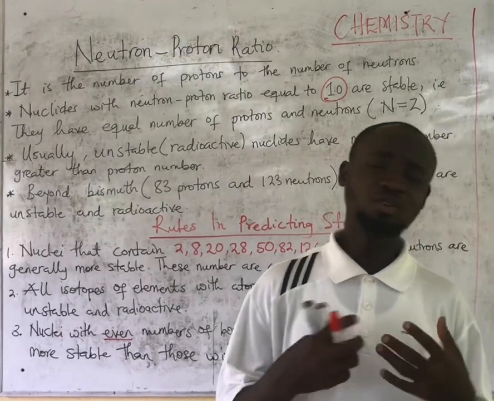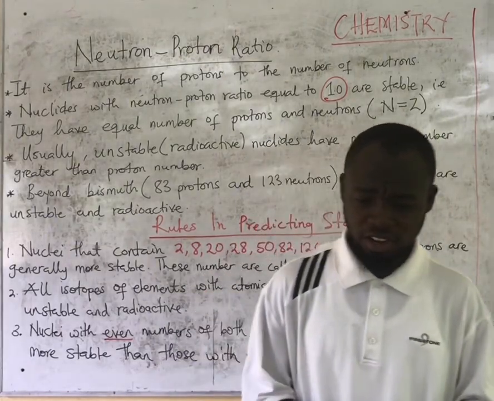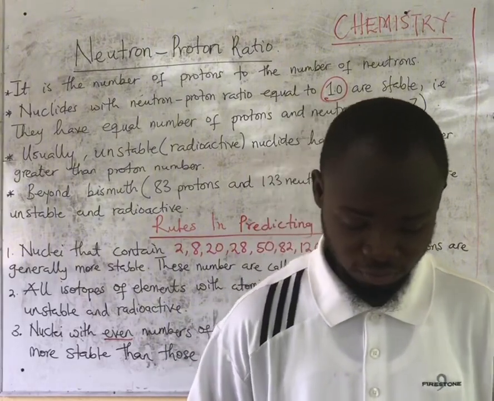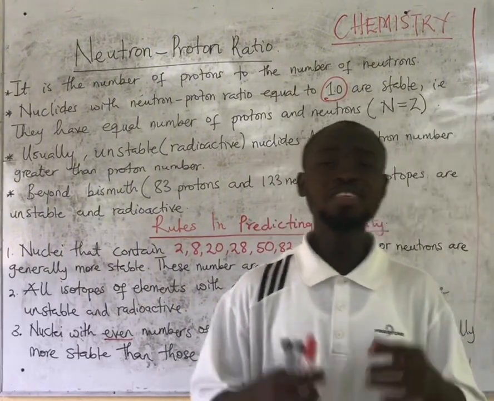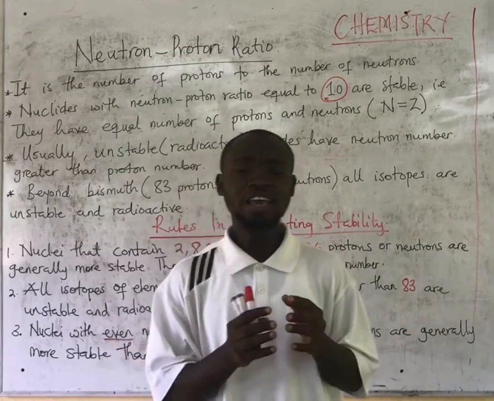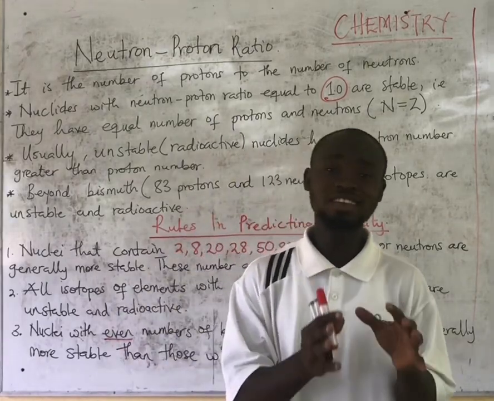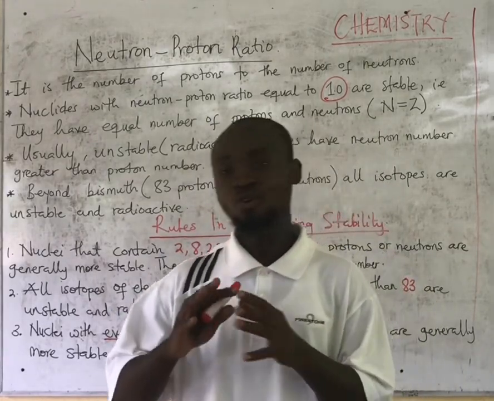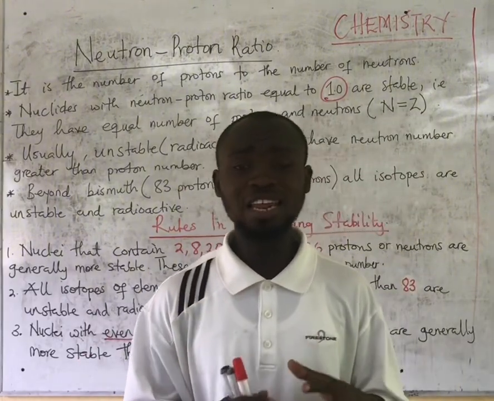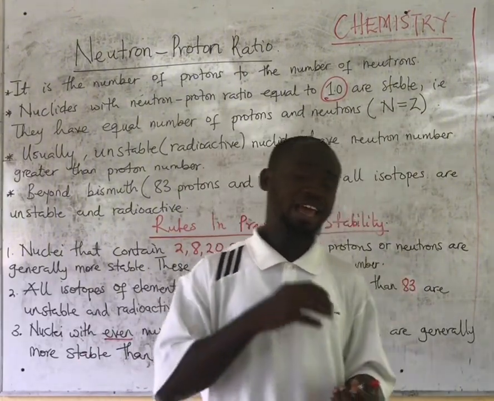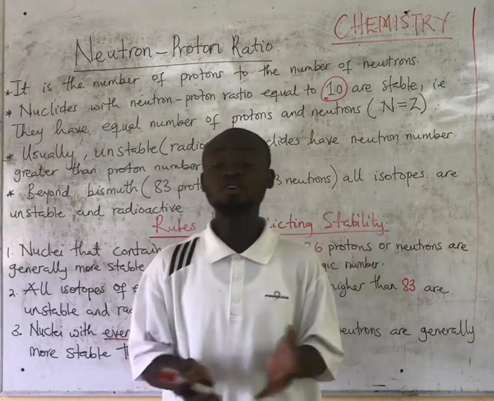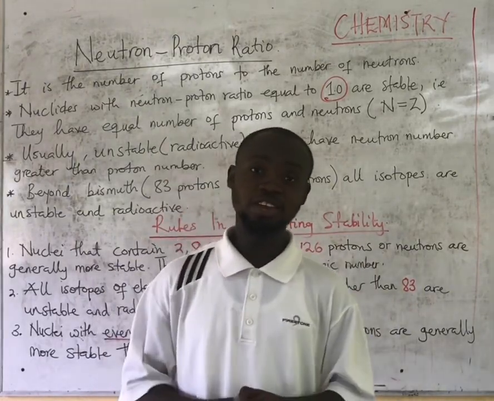So when a nucleus has a magic number of protons and neutrons, the nuclear force within the nucleus is particularly arranged in a stable configuration, which brings about the overall stability of the nuclide.